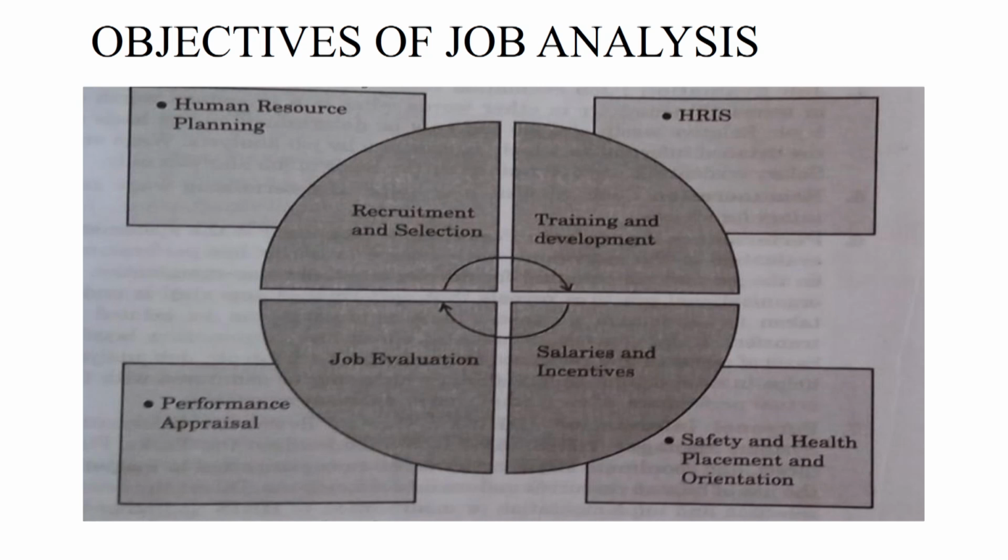Then, on the right hand side of the chart, you can see something mentioned as safety and hazards. Once we have prepared the job analysis, which is basically job description and job specification, I will reiterate: job description is just deciding about the duties and the responsibilities that one has to adhere to, and job specification is basically the minimum criteria that the person has to fulfill to perform a particular job task.